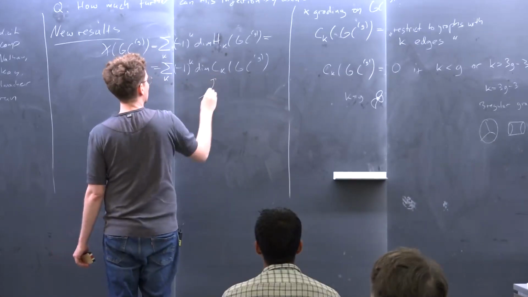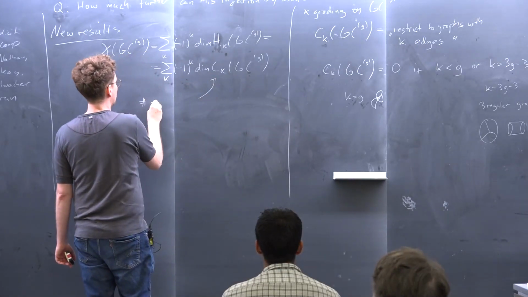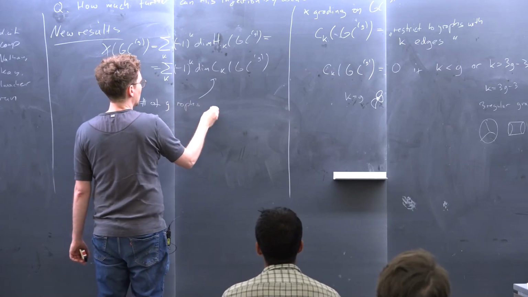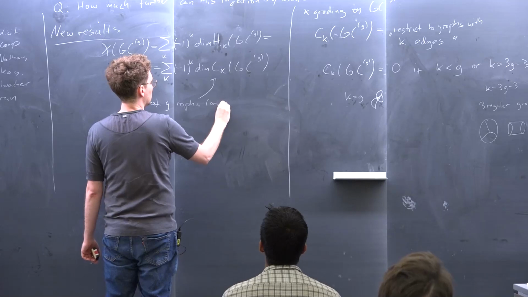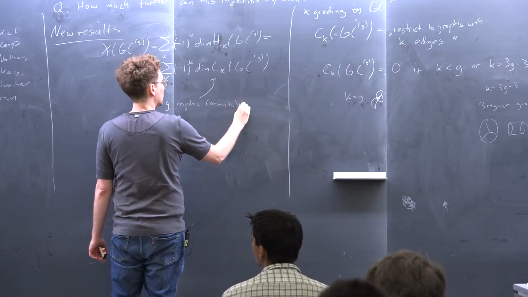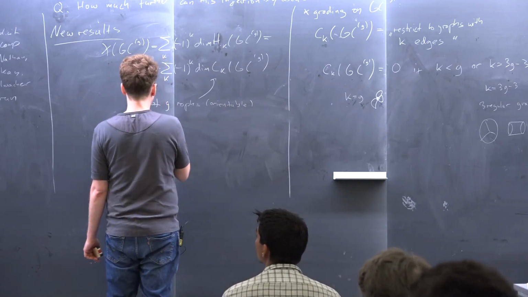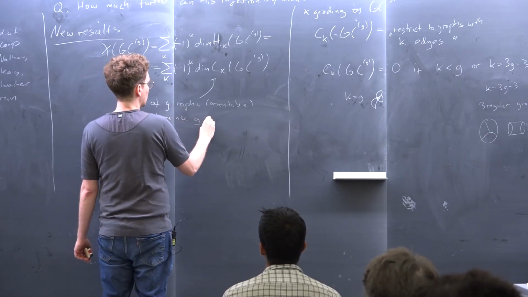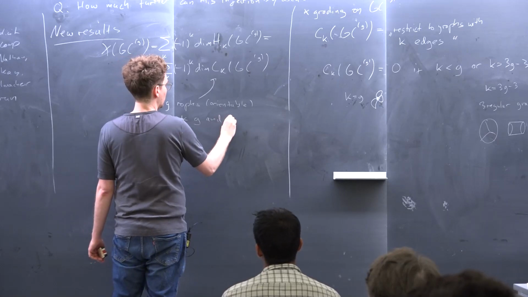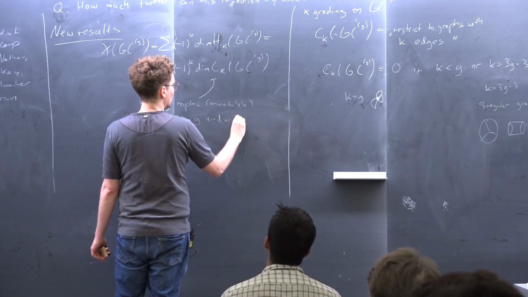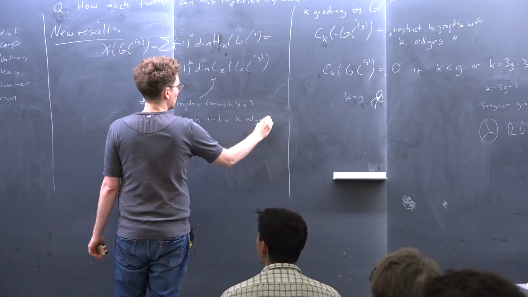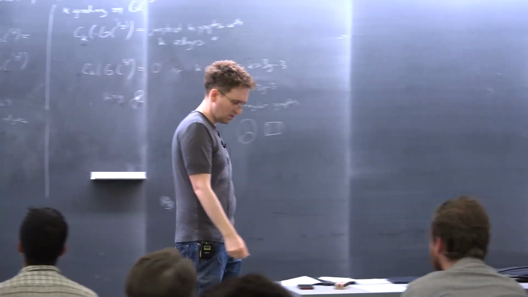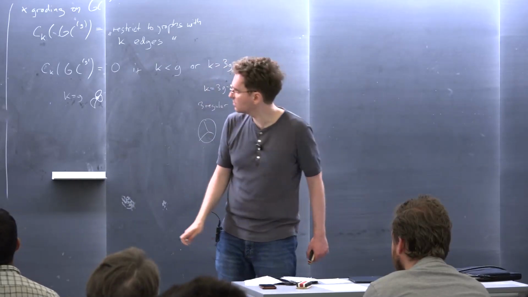So this is just the number of graphs that are orientable, of rank g and with k edges, because these are all the generators of this vector space.